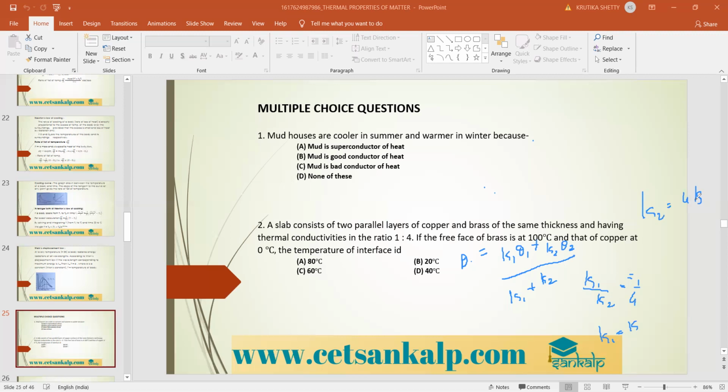Just substitute in the given formula, that is K1 theta 1 plus K2 theta 2 divided by K1 plus K2.